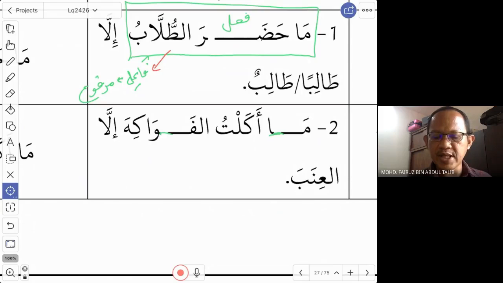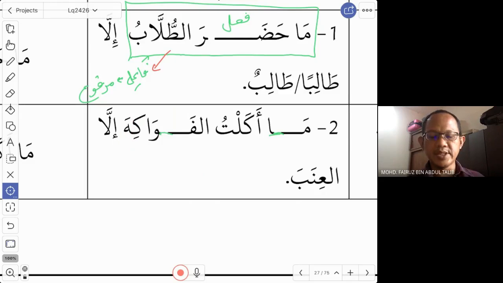Do you see any mustasna minhu? This is the mustasna. This is what we want to know, whether it is inabu or inaba or inabi. So inab is excluded from what we did not eat. Excluded from which word? Fawaki. So then you can say this is the mustasna minhu.